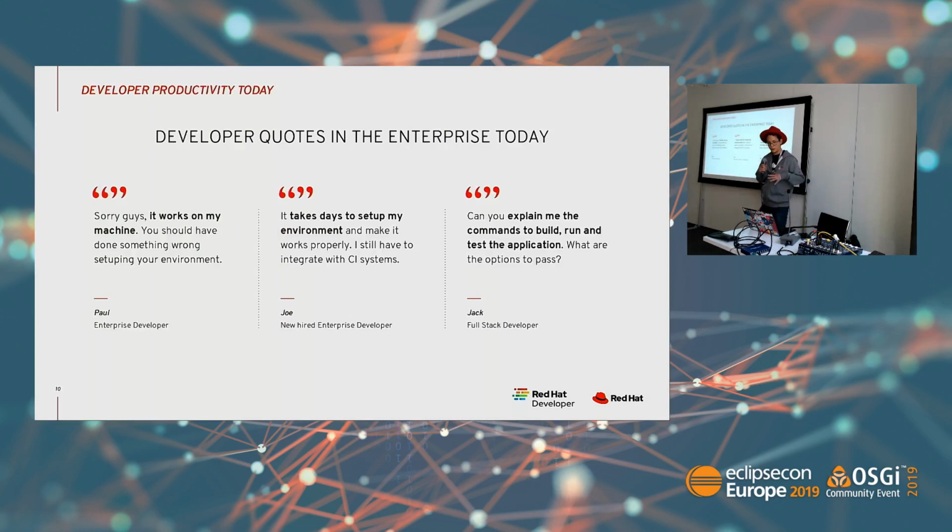So what we try to solve today in Che is this kind of story. For instance, Paul has things that work on his machine, but he cannot share them with his colleagues. It only works on his machine, but on the machines of his colleagues, it doesn't work.